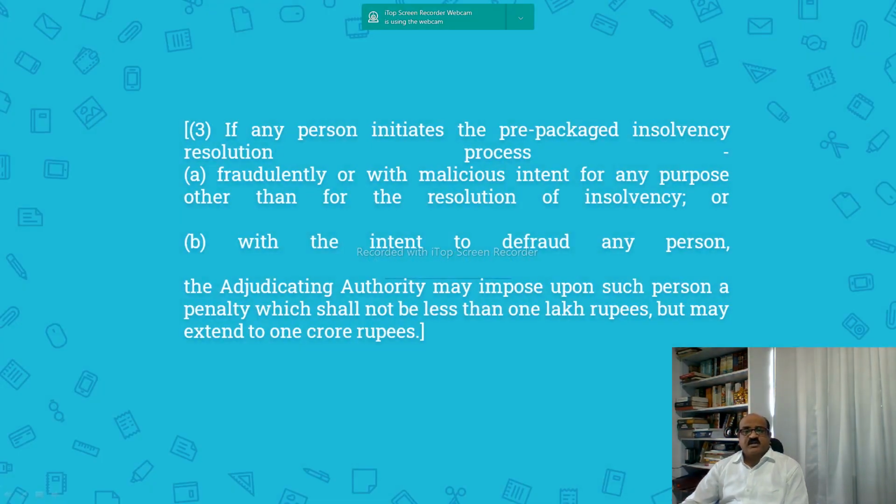If any person initiates pre-packed insolvency resolution process fraudulently with malicious intent for any purpose other than for the resolution of insolvency or with the intent to defraud any person, the adjudicating authority may impose upon such person a penalty which shall not be less than 1 lakh rupees but may extend to 1 crore rupees.